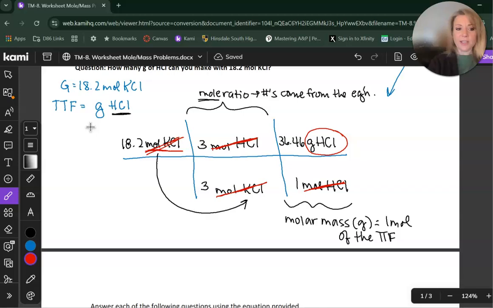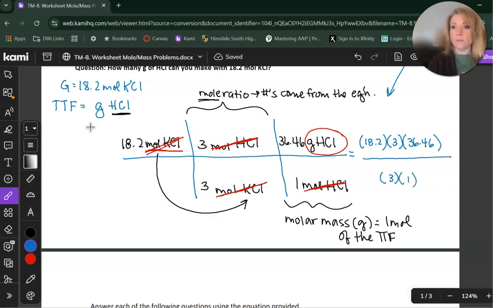Now, to find our answer, to calculate it out, we have to multiply the numbers across the top. So we're going to get 18.2 times 3 times 36.46. And then I'm going to multiply the numbers across the bottom, 3 times 1. And I'm going to divide them.